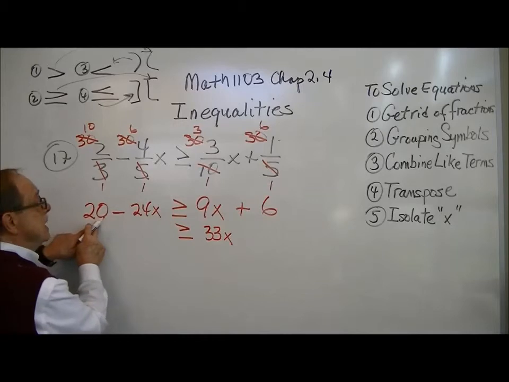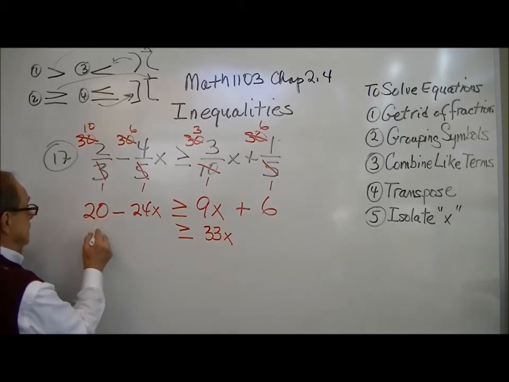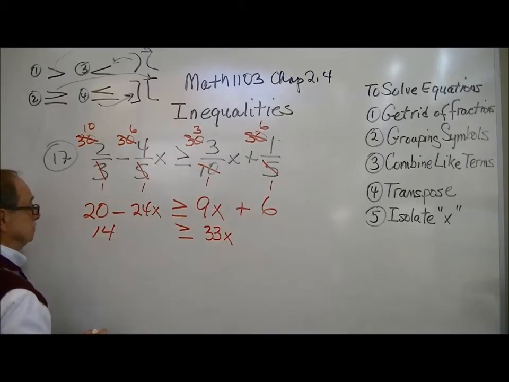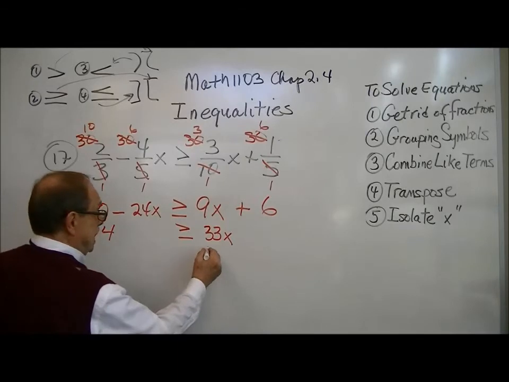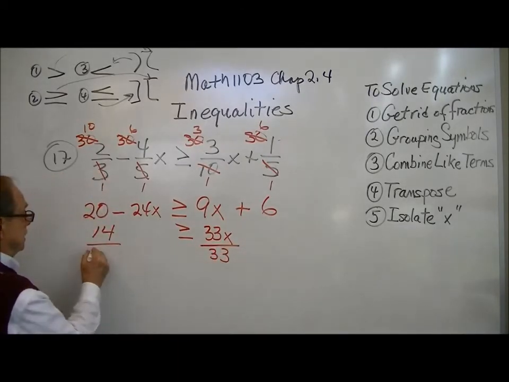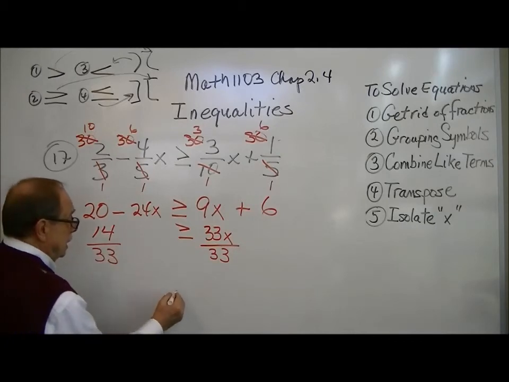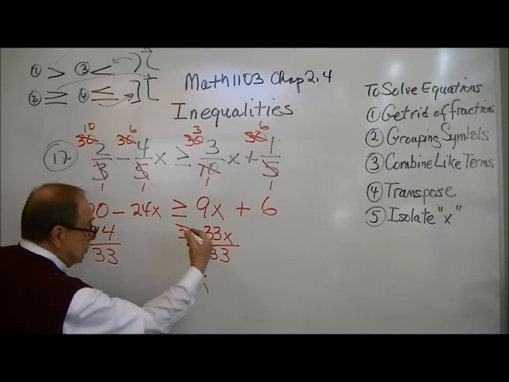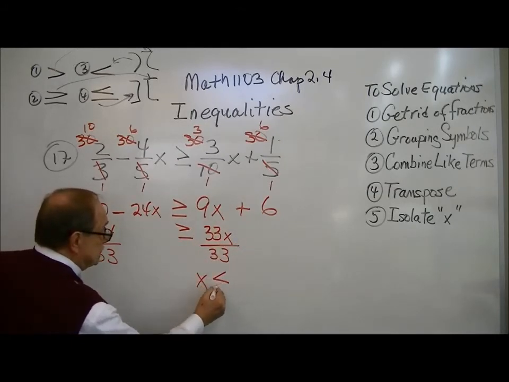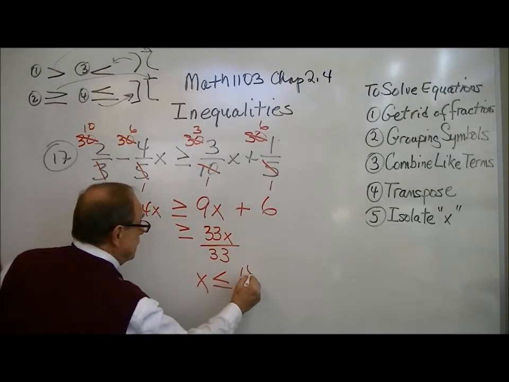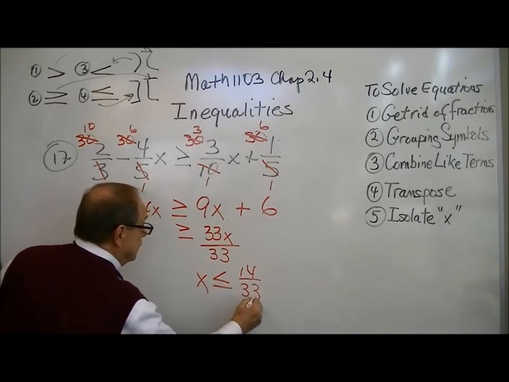It's going to become a negative 6. So this becomes a 14. And then I'm going to divide both sides by a positive 33. And that's what x will be. X is going to be, and I could write it this way, x is less than or equal to 14 33rds.